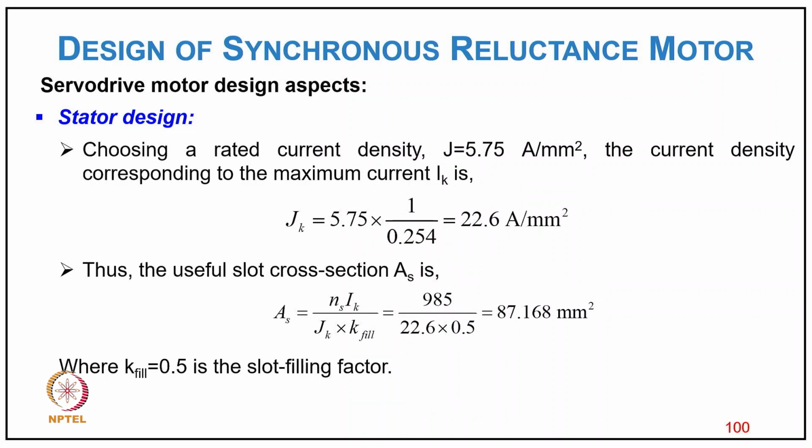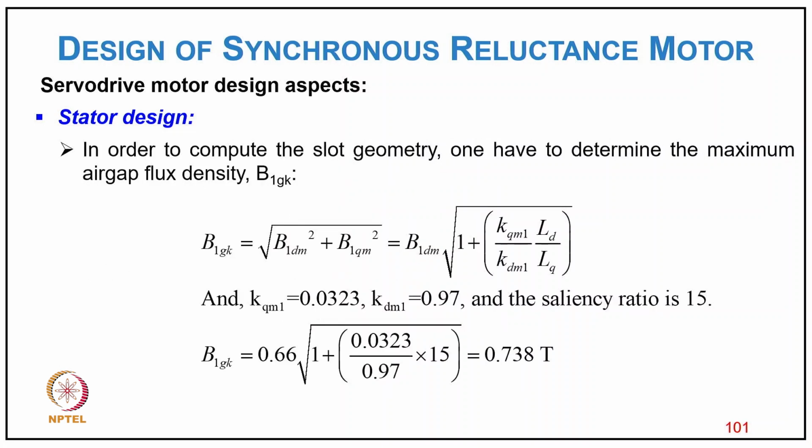Now, by strategy, choosing the rated current density, J equal to 5.75 ampere per millimeter square. Current density corresponding to maximum current, Jk, comes 22.6 ampere per millimeter square. The useful slot cross section area is As equal to NsIk upon Jk into Kfill, so it comes 87.168 millimeter square, where Kfill equal to 0.5 is the slot filling factor.